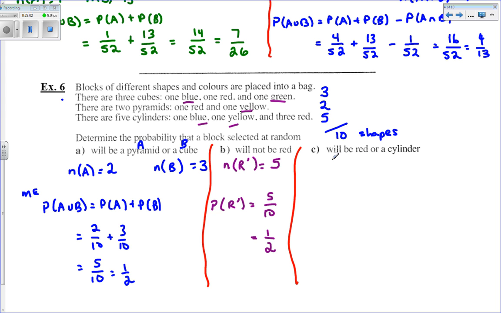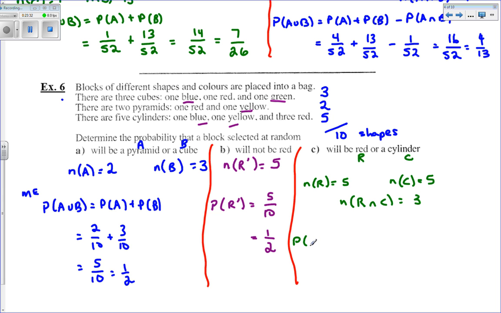So red we'll say is event R, and cylinder we'll say is event C. So the number of red shapes is 1 red cube, 1 red pyramid, 3 red cylinders. So there's 5. And the number of cylinders is 5. But the number of objects that are red and a cylinder, we've got 3 red cylinders.